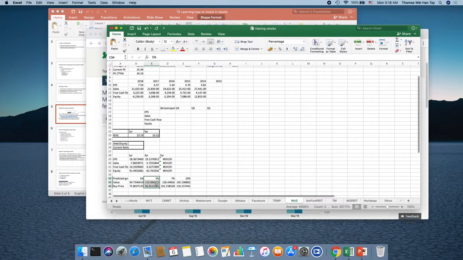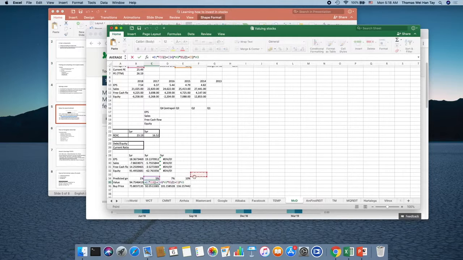Right. So how much does McDonald's cost now? Our fair value is $115 per share. What did I do? $115 per share, and our buy price is about $92 per share.